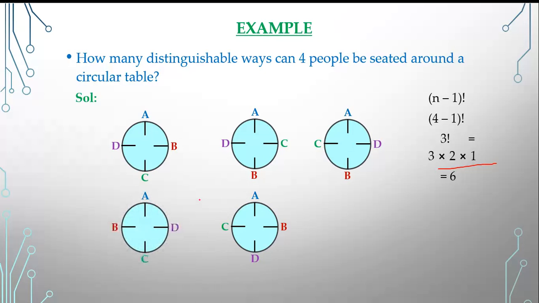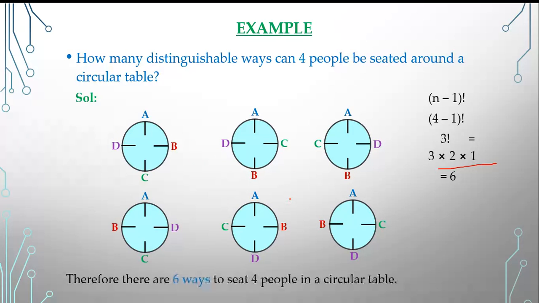Another arrangement, A, D, B, C. Another way we can put here A, D, C, B. There is no other way to sit at a circular table except all these. So the total number of ways is 6 ways to seat 4 people at a circular table.